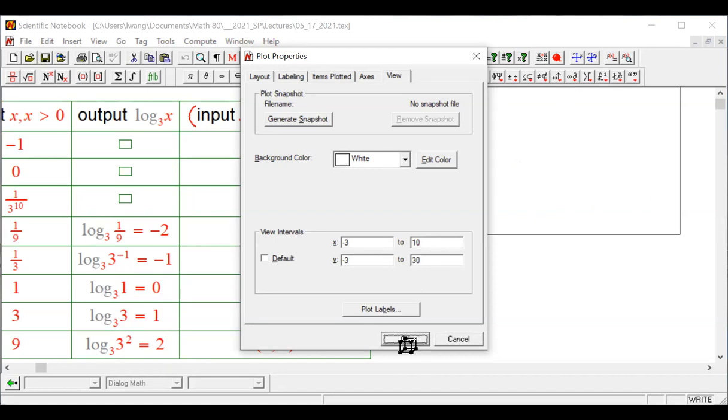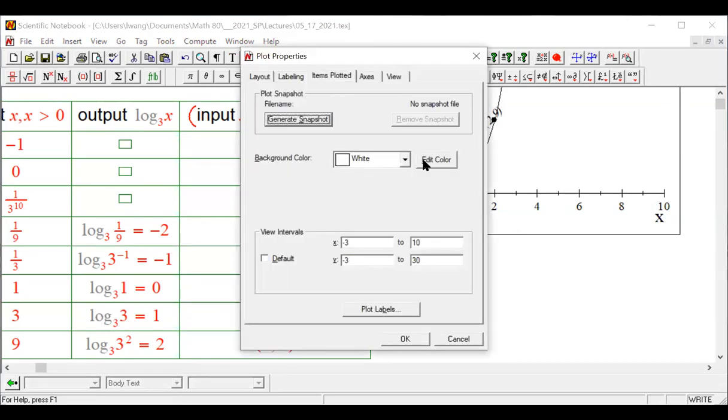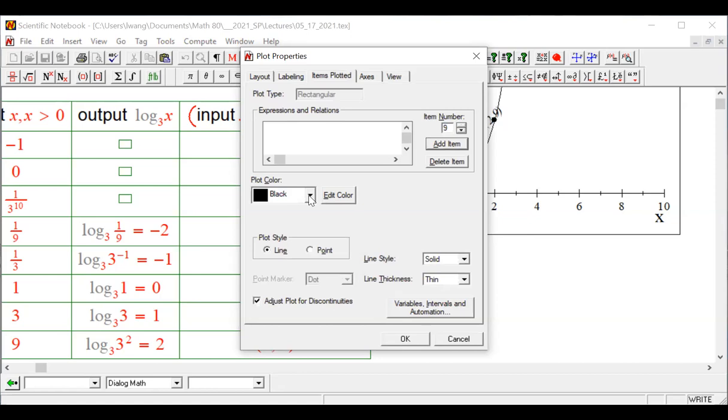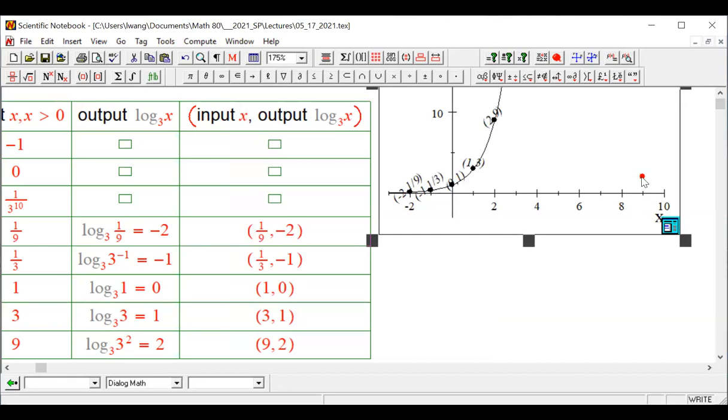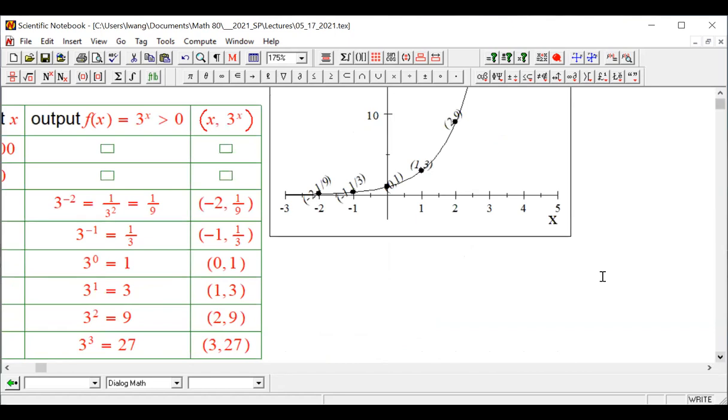Now if I want to put that point in the graph with a red dot. I do want to make some adjustment because the scale is a little bit too much for us to manage. So I'm going to make that point disappear and reduce the scale so we can see better.